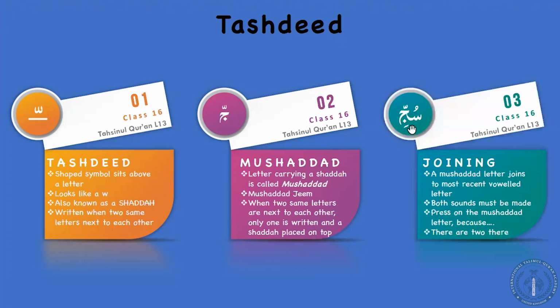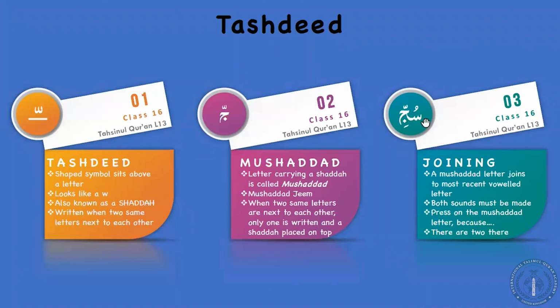And simply, when you've got a mushaddad letter, so I've got this jim that has a tashdid, what's going to happen is it's going to join the most recent previous mutaharrik letter. So the most recent letter before the jim, which carries a sign.